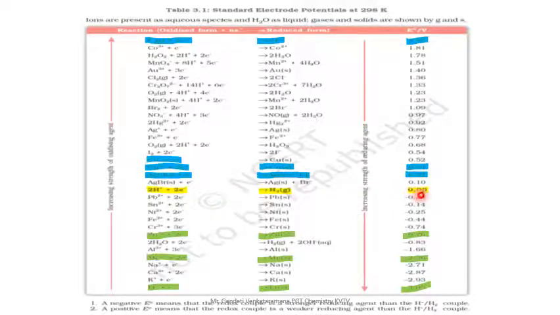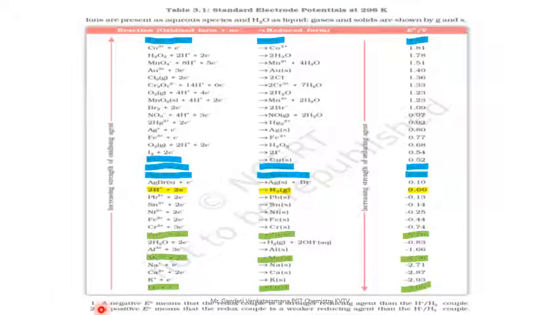Next, whatever values we have below are all negative values. So 0 is there in between. Above the 0, completely positive electrode potentials. Below the 0, completely negative electrode potentials. All these are reduction potentials. Clear?